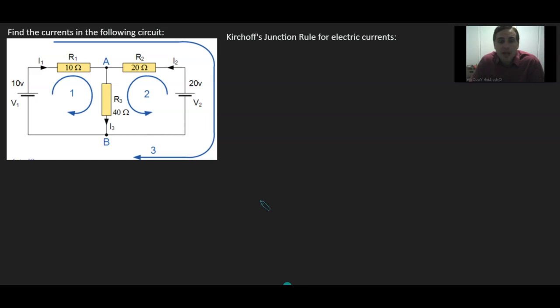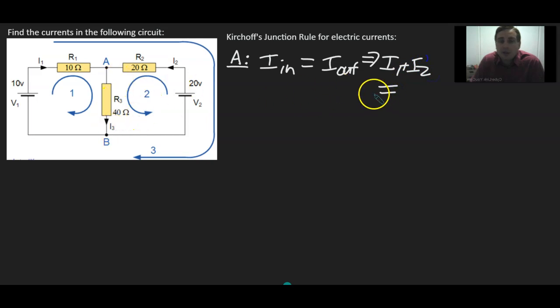That at junction point A, all the incoming current should equal the outgoing current. So I in equals I out, which in the notation we have, that should be I1 plus I2 is equal to I3. So that means the total current coming in equals the total current coming out. Okay, so that's one equation. So I'll label that equation 1. We might probably need to come back to that.